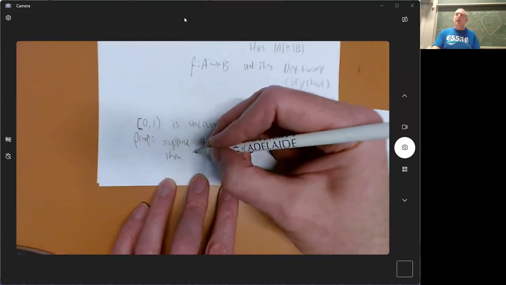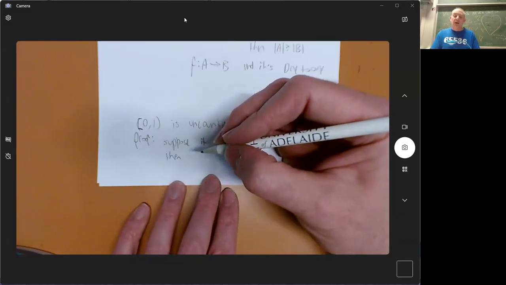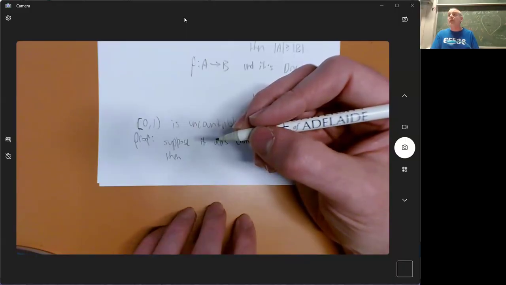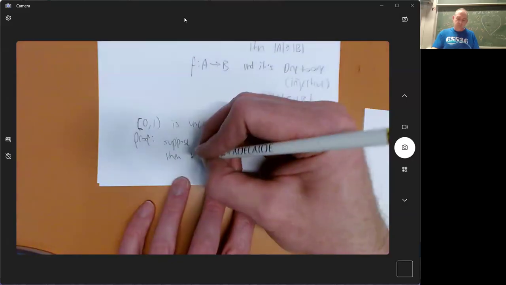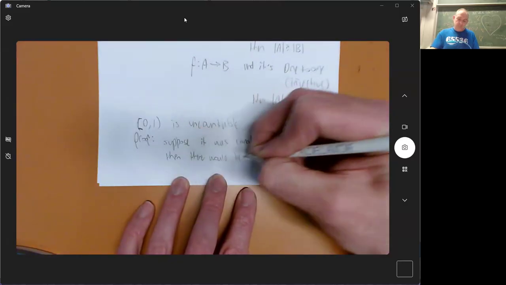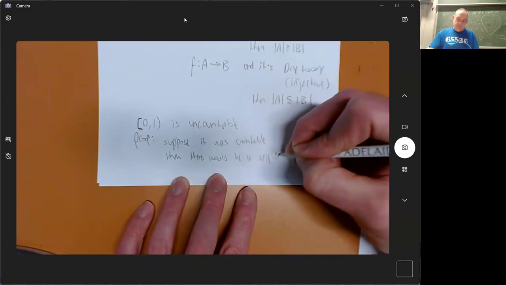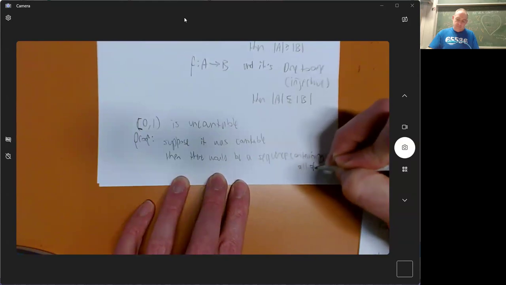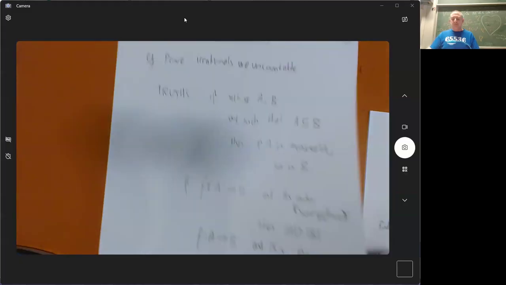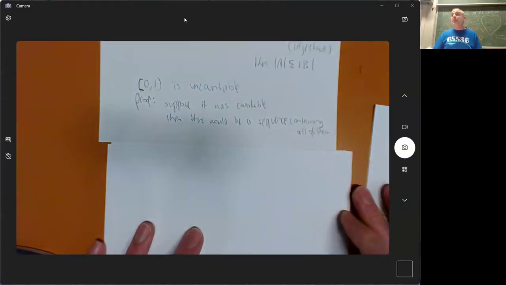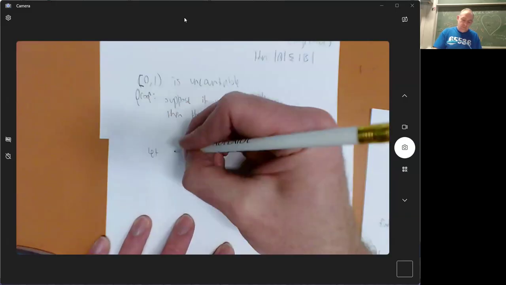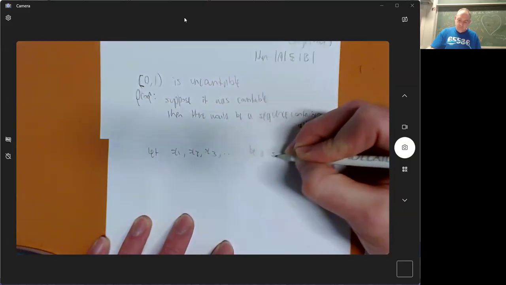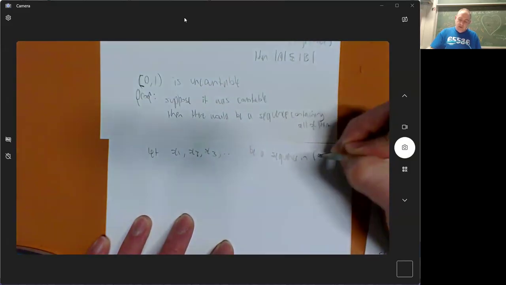Then there would be a sequence that contained all of them, because a sequence is a function from the natural numbers to your set. Okay, and so let there be a sequence in 0, 1.